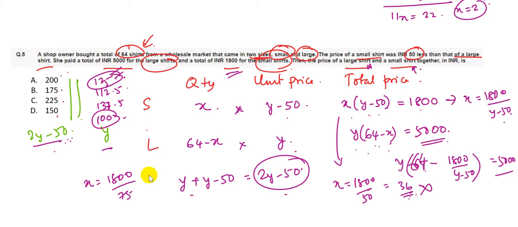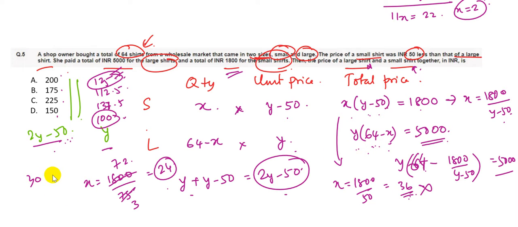So 1800 by 75 is 72 by 3, which is 24. So x is 24. So in the second equation I substitute x equal to 24. I get 64 minus 24 multiplied by 125.